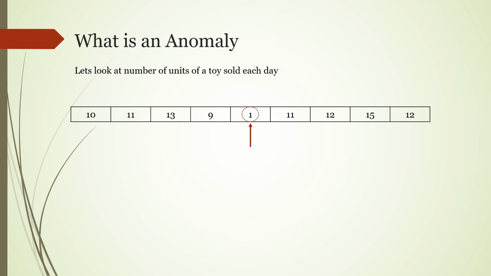summary. So let's look at what exactly will happen if I take all the observations into account, versus leaving out just this particular value. You can see, if I don't include this anomaly of one unit, then my mean comes out as 11.6, and if I include it in my calculations, then the mean comes out at 10.4.